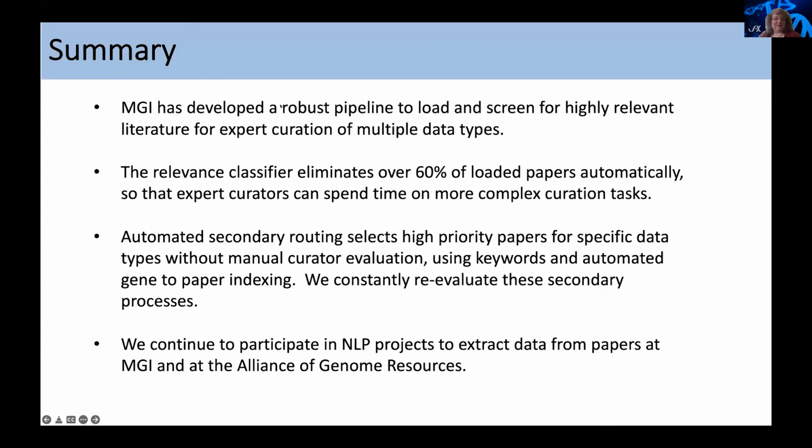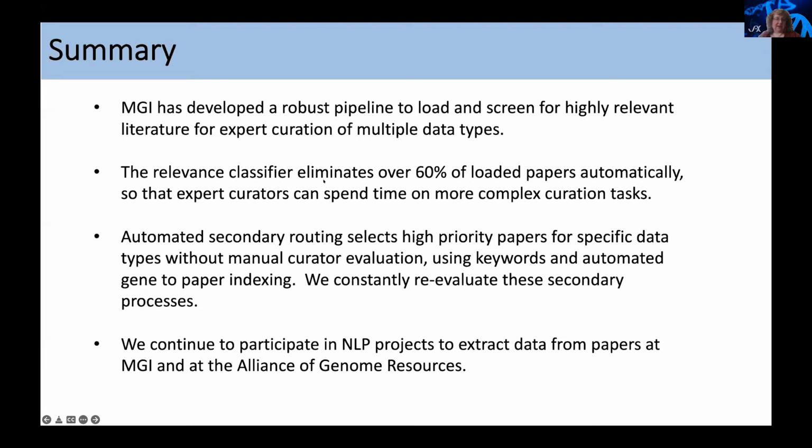So in summary, as a beginning into our foray into natural language processing, we've initially developed a robust pipeline to load and screen all of the relevant literature for expert curation of multiple data types for mouse in MGI.